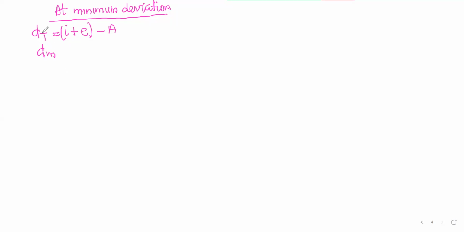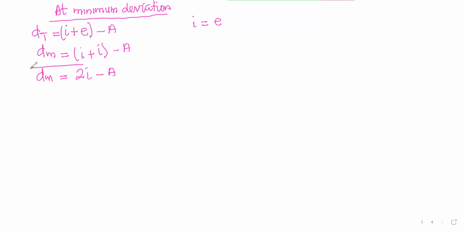That's why I'm changing T to M. If at the minimum deviation, angle of incidence is equal to angle of emergence, then I can say that dm will be equal to I plus another I minus A. I'm changing E to I because they are equal. I can also be equal to E.